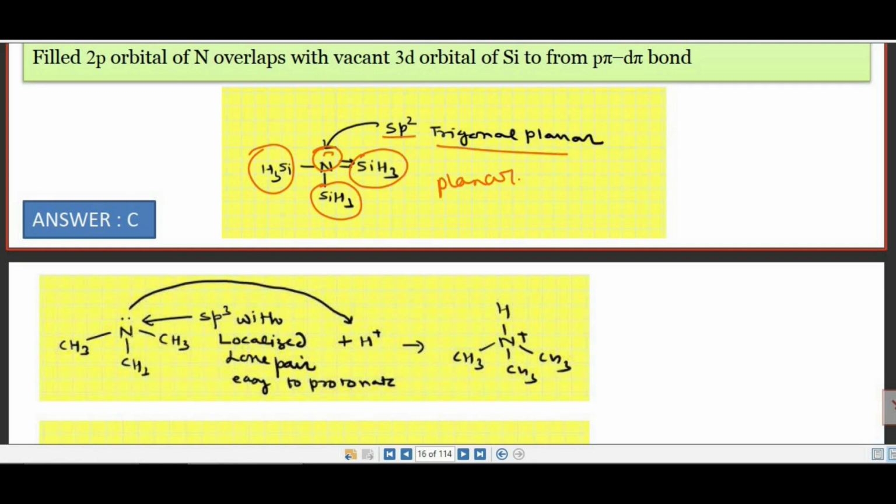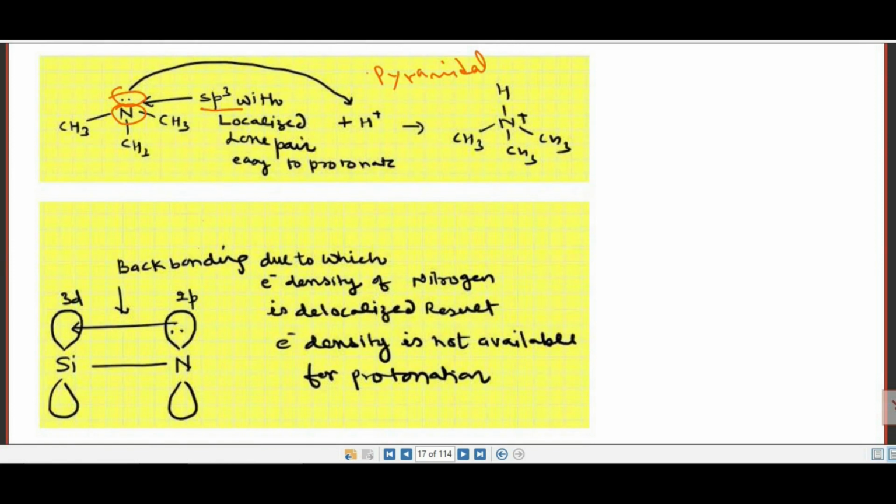Whereas in N(CH3)3, it has a lone pair of electrons. It is sp3 hybridized with a localized lone pair to produce pyramidal geometry. Here back bonding occurs. The electron density of nitrogen is delocalized, that is, the electron is donated from nitrogen.